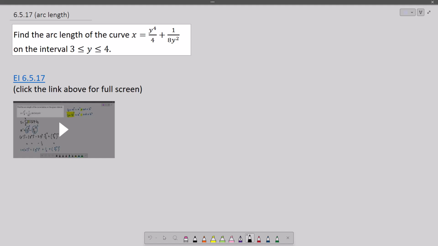Okay. So find the arc length of this curve on this interval where y is going from 3 to 4. So we know that we're going to have a derivative here. Let's find the derivative. The 4 comes down, and it's going to cancel with that 4, so we're going to get a y cubed. And maybe it's helpful to rewrite this.